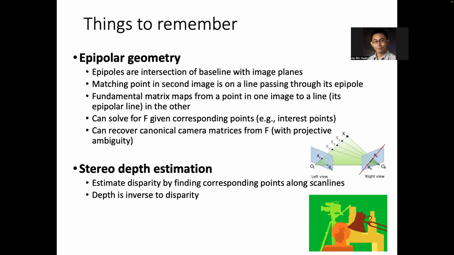Then we talked about how you can use this to measure heights and calibrate the camera, and then two-view cases. Two-view cases means that you have images captured from a rotating camera, which give rise to image stitching problems. And then we just talked about images captured from translating cameras, which give rise to stereo matching.